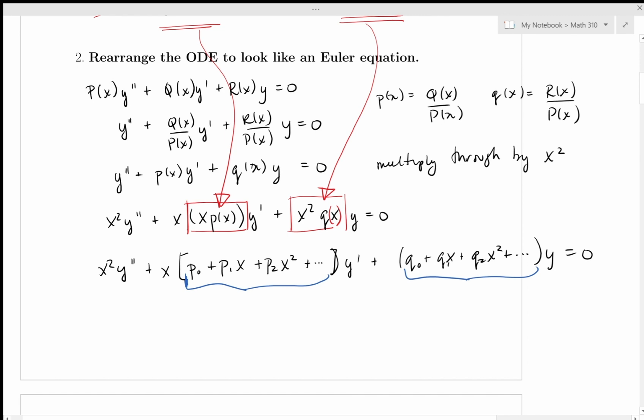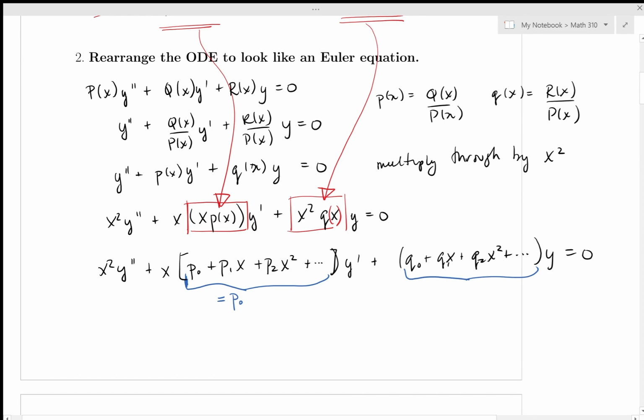And we are expanding these power series around x equals 0, and the regular singular point is at x equals 0. And so I am interested in the area in the neighborhood of 0. And this here is approximately equal to p naught when x is very small.